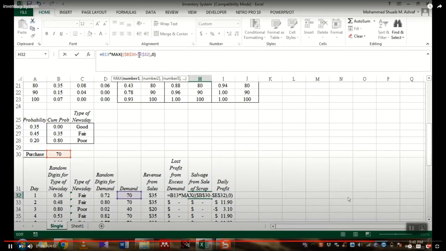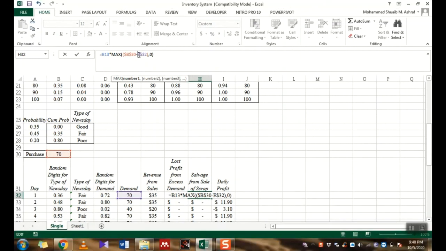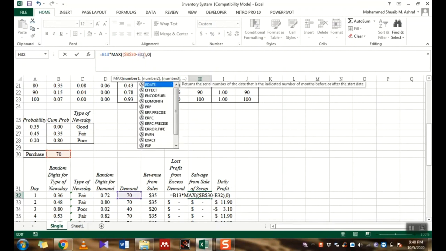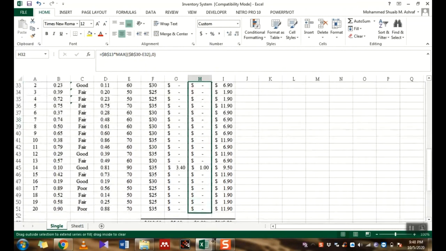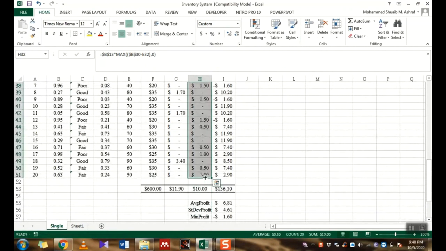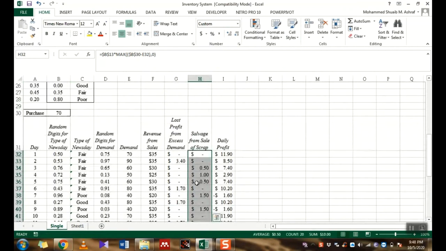Not 332. So I will apply this to all the cells, and I will get the salvage value from sale of scrap.